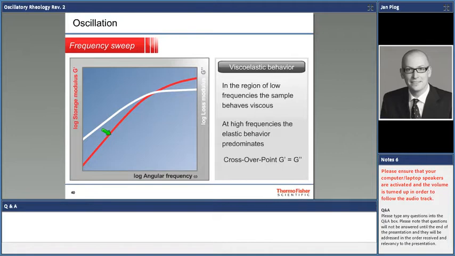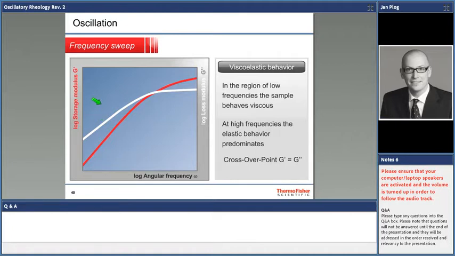Again, we talk time scales. You give your system, while you stress it, while you deform it, enough time to relax. Okay? The polymer chains, for instance, are able to flow around each other. You enable the system to dissipate the energy by viscous flow.